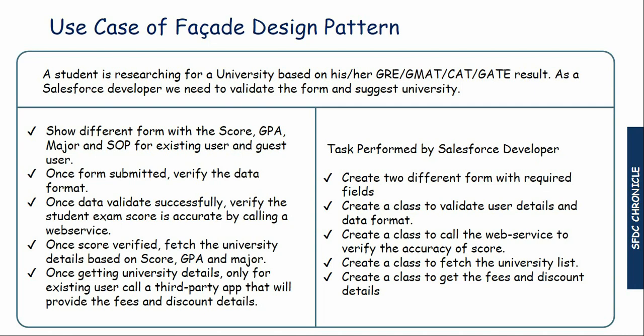Now suppose between verifying the score accuracy and giving them the university details, we need to introduce one more functionality. Then we need to make that change in different places. So how do we mitigate that?